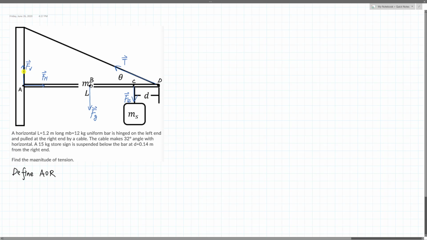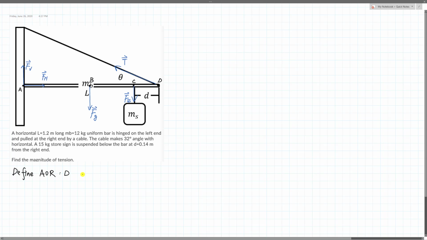And this is also the only unknown torque. So this choice has its advantage. Compared to A, it also has some advantage because these 2 unknown forces have no torque. But you have to find out the lever arm of this tension force, which requires you to draw an angle, right? So let's choose D here.